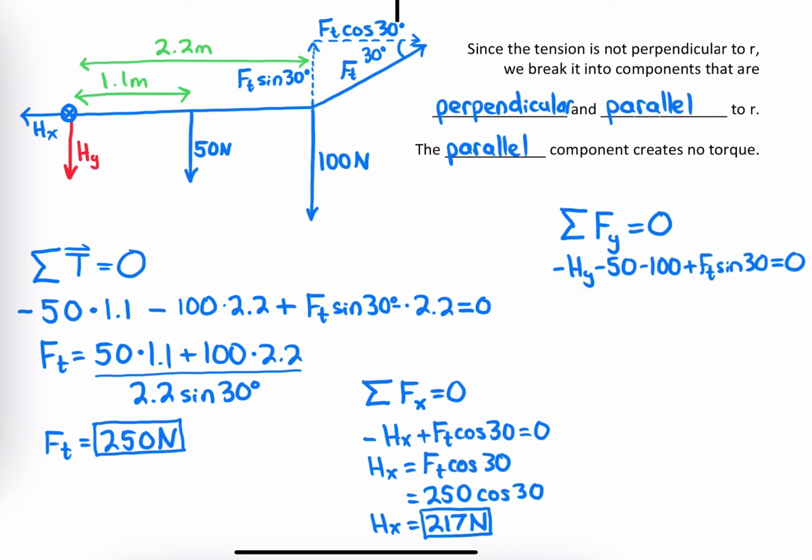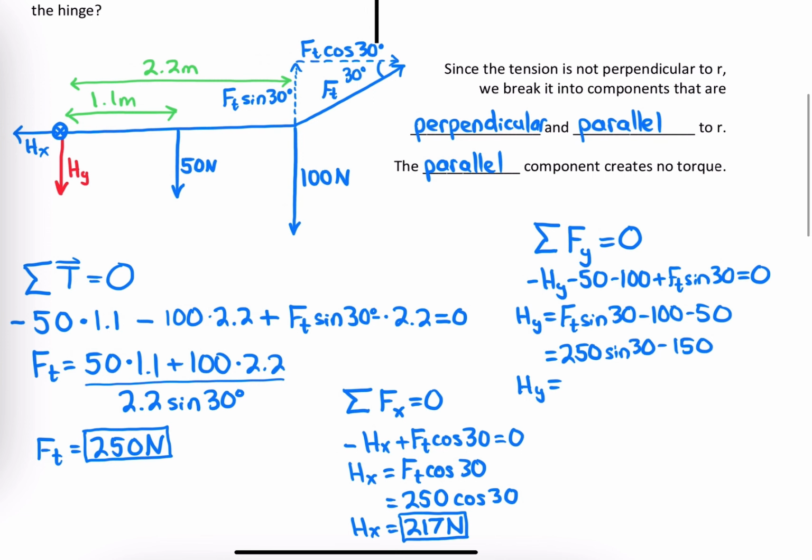And that'll give me Hy equals FT sine 30 minus 100 minus 50. And because I know FT is 250, I can plug that in. And that tells me Hy is equal to negative 25.